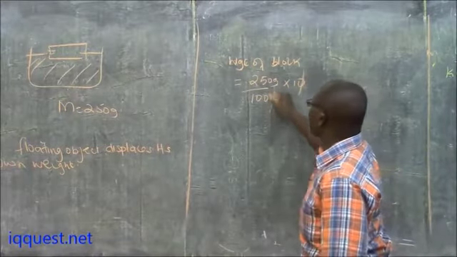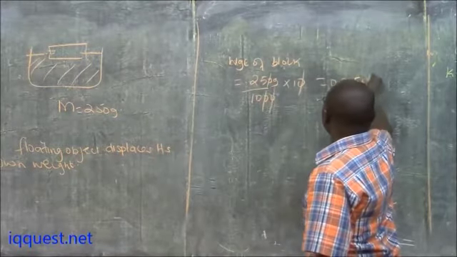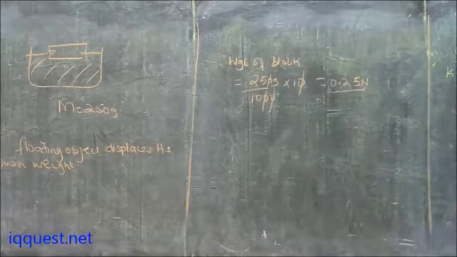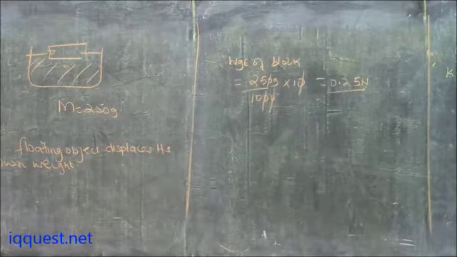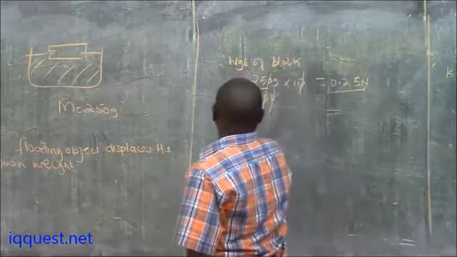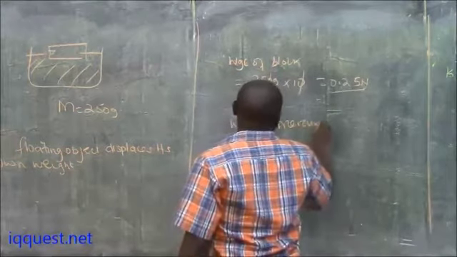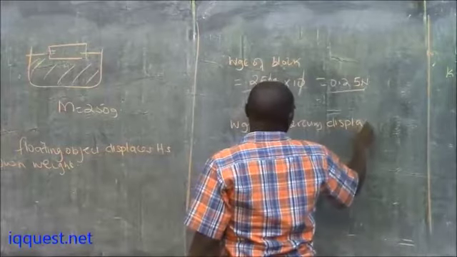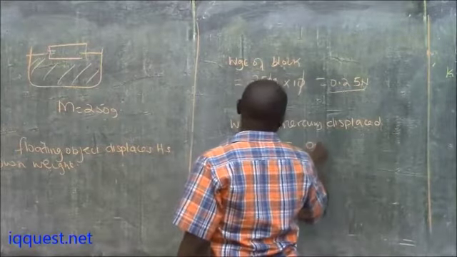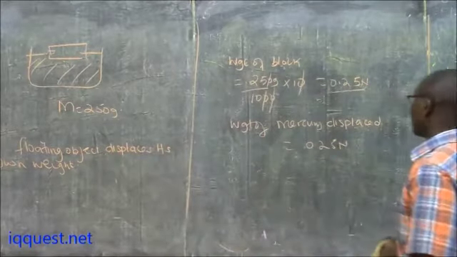So it equals 0.25 newtons. So the weight of the block is 0.25 newtons, and the weight of the mercury displaced is equal to 0.25 newtons because a floating object displaces its own weight.